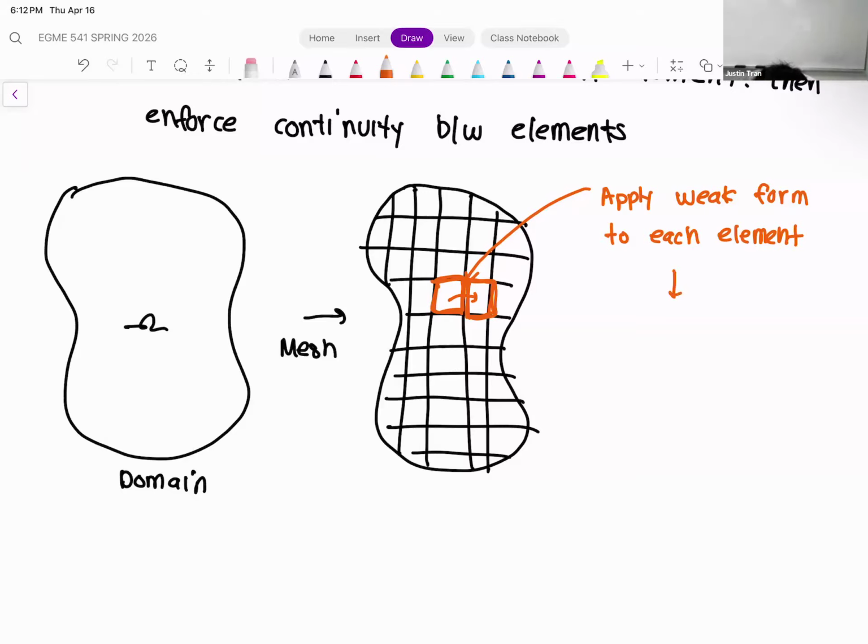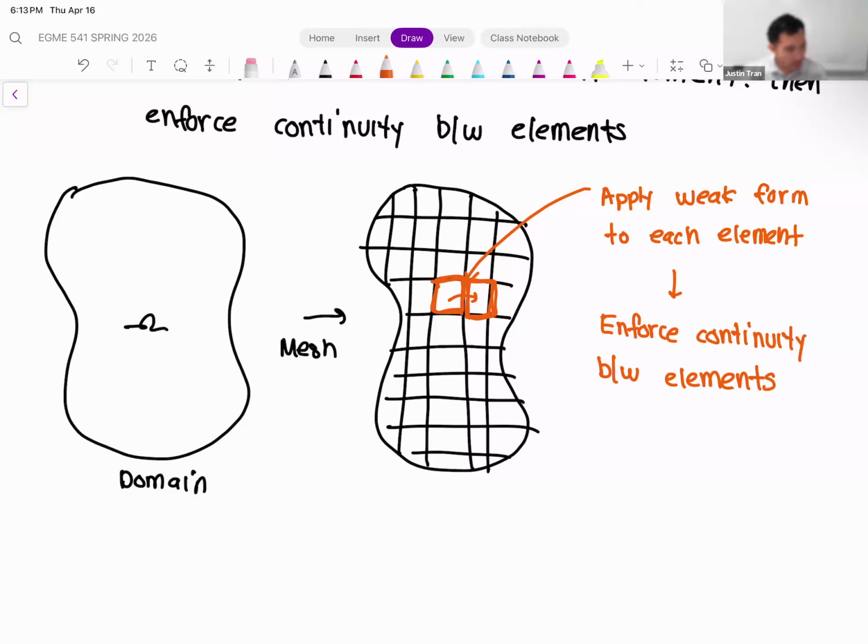Okay, so that's the approach. Our weak form is not changing, but how we apply it is going to change.